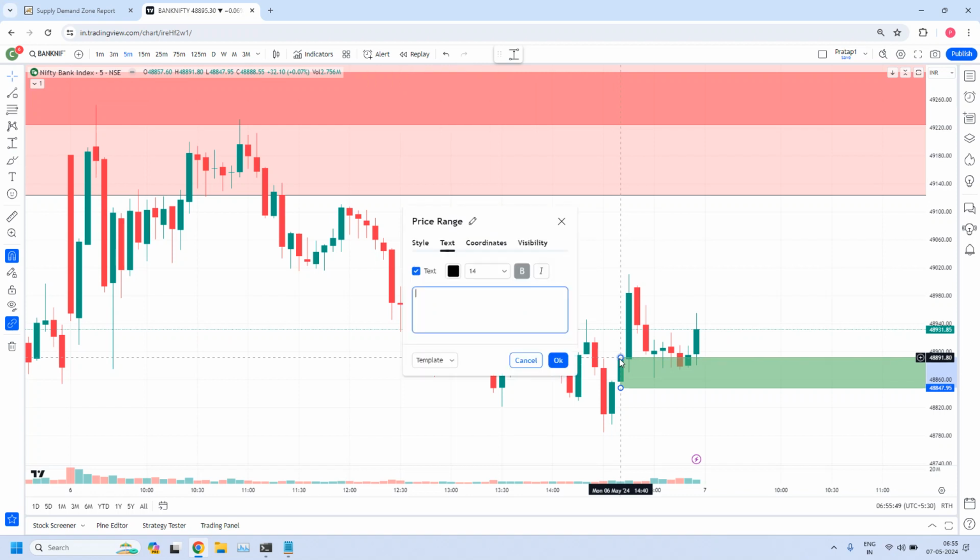I already explained all these high liquidity zone categories in our lesson 21. So, high liquidity demand zone.